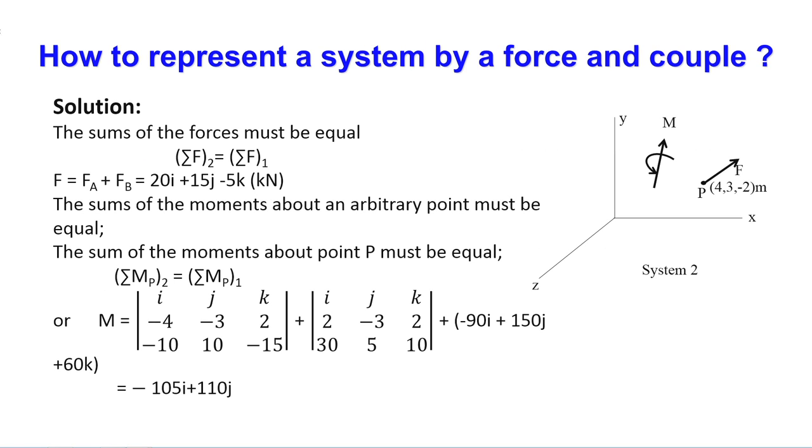So, the first term is for system 1, FA, FB and MC. If we add these three, then they will be equal. From this condition we can find out M, that is, for the equivalent system, the moment of the couple.